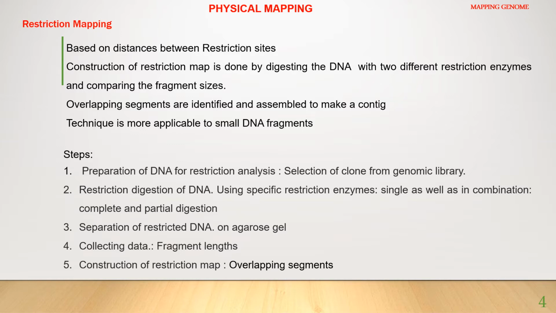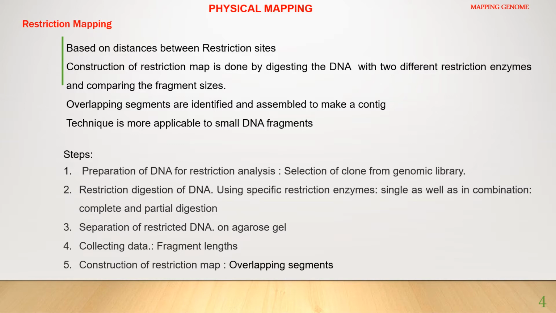In this method, the cloned DNA fragment from the genomic library is digested completely or partially with restriction enzymes, singly or in combinations. The digested DNA mixtures are then separated on agarose gel to analyze and identify fragments of various lengths.